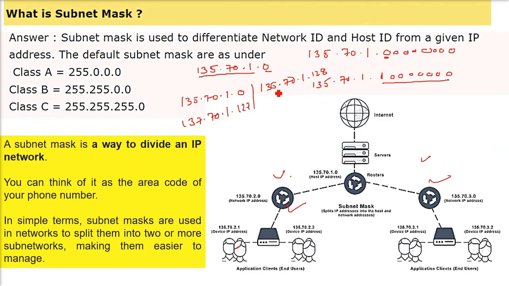Similarly, the stores department will start from 135.70.1.128 and go till 255. The first and last addresses you cannot use. The first identifies your subnet, and the last one is for the broadcast. So however many numbers there are, just subtract 2. That is the number of usable IPs you can have.